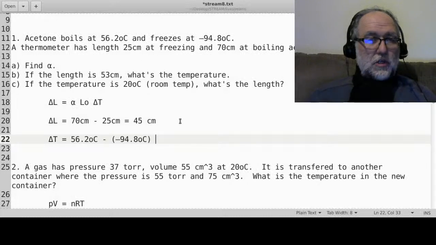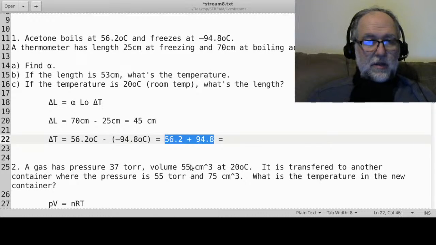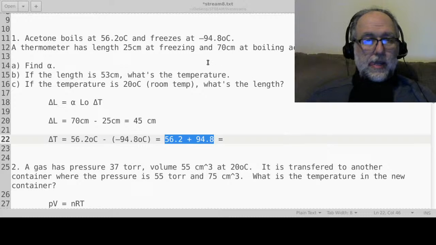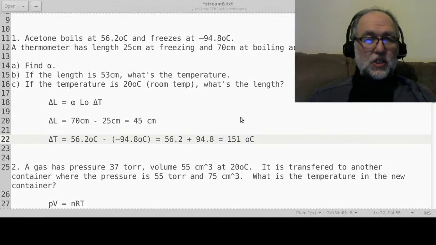Okay, and so this is going to turn out to be 56.2, okay, plus 94.8, okay, and what's that equal to? We will find out in a second using my calculator. All right, it turns out to be exactly 151 degrees Celsius. Okay, so there's the change in temperature.